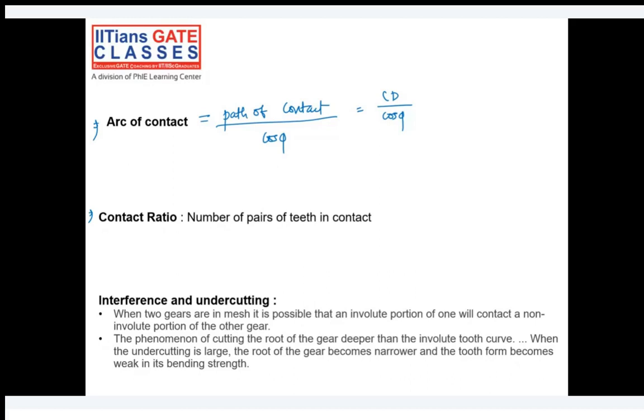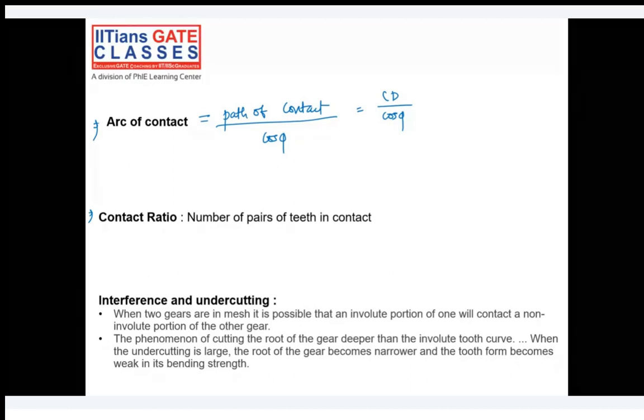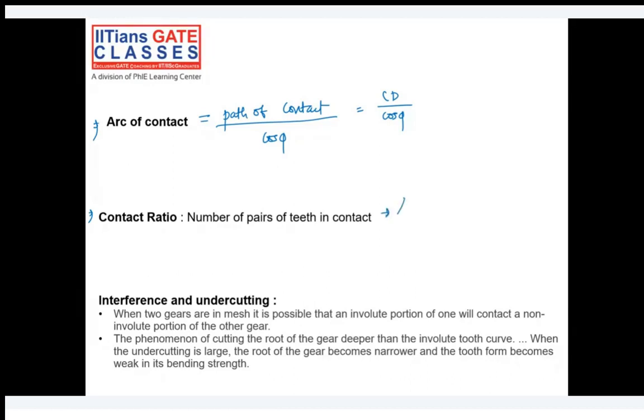We can call it the contact ratio, and that is given by arc of contact divided by circular pitch. Okay, and what is arc of contact? CD divided by cos of phi. And what is circular pitch? 1 upon p, let's say. Okay, 1 upon small p, right? You have studied in the last class. That is pi d by t.